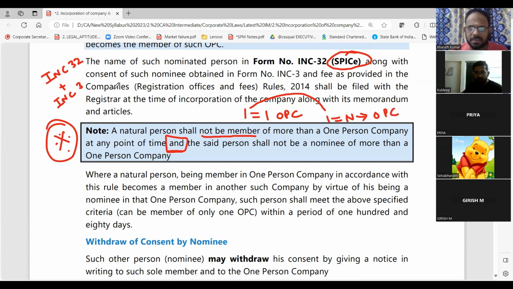In simple words, take me and Bharat. I can be a member of one company, plus at most I can be a nominee of one one-person company. Are we clear?